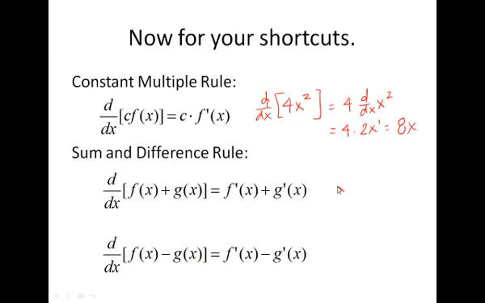Alright, sum and difference rule, that's just if you have multiple x terms going on. So if you had x squared plus, let's say, 2x, and I wanted to derive that, how you could look at this is just take the derivative of this first function with respect to x, and then take the derivative of the other in terms of x.